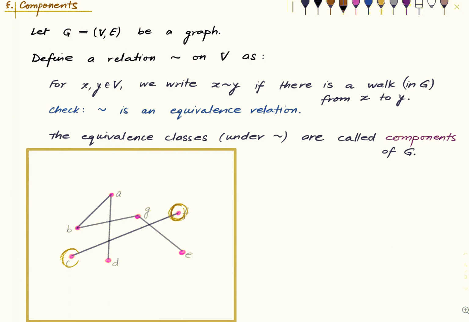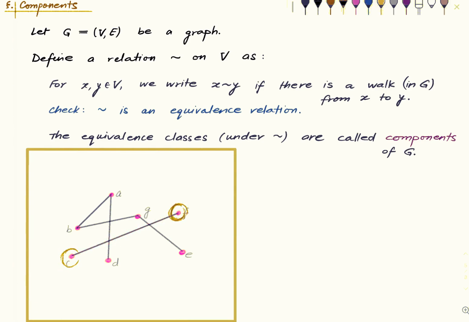But when we really want to talk about a component, we are not just talking about a set of vertices. We are talking about an entire graph. So which graph? You have these two vertices and now ask, is this edge present in the original graph? It is. So your new graph, or the component which comprises these two vertices, is the graph which has this edge and is residing on these two vertices.